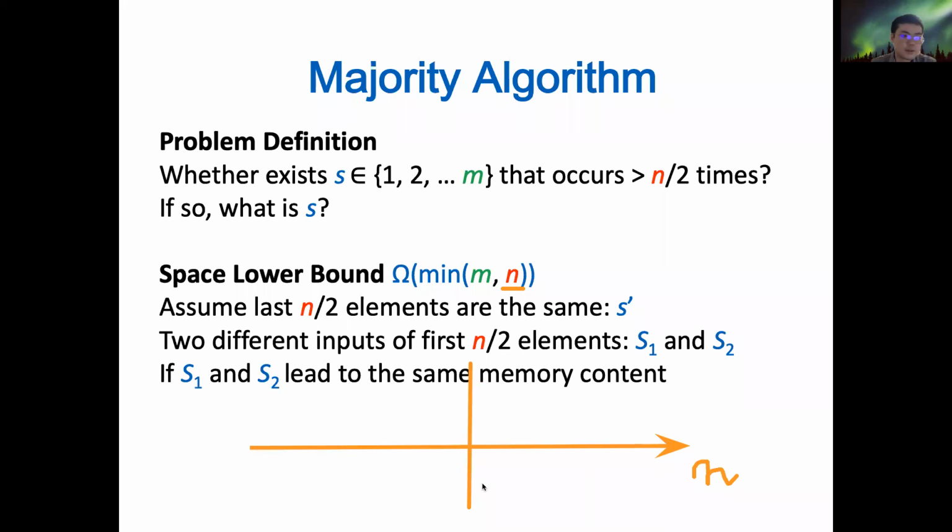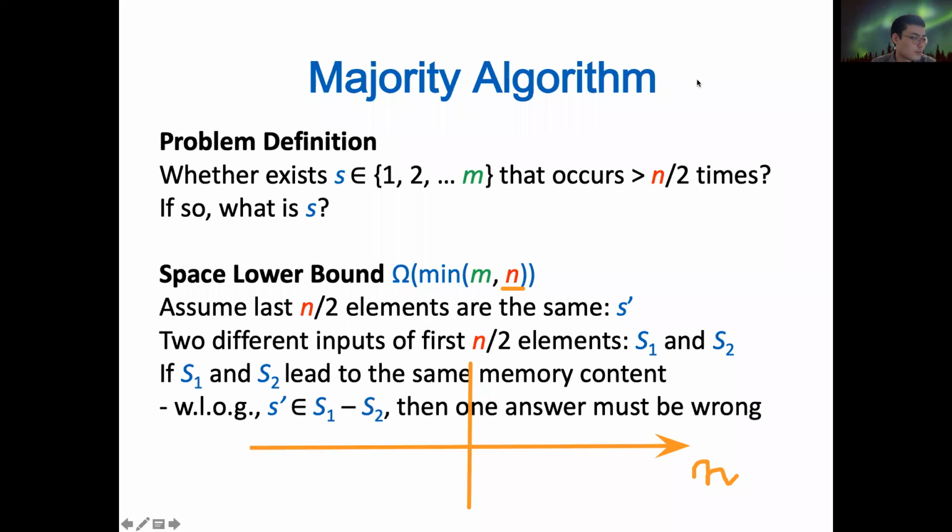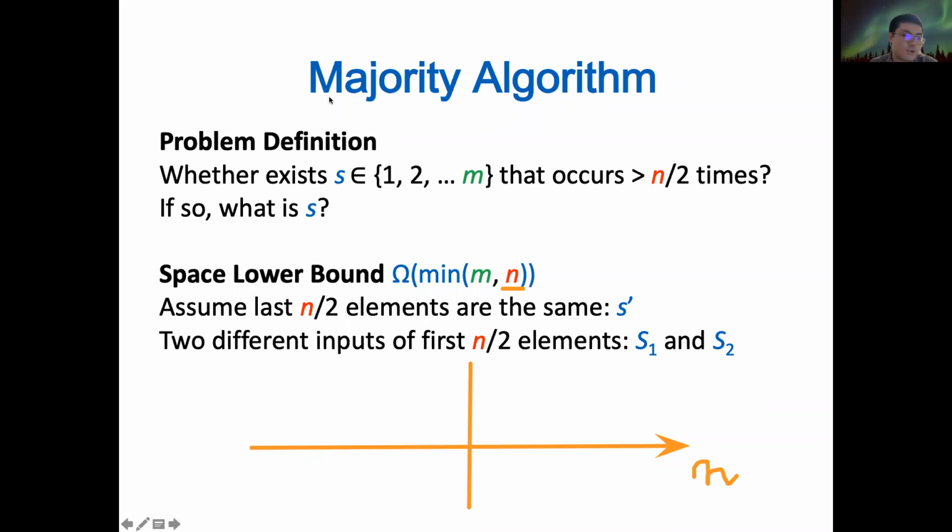So each has n by 2 items. So we are saying the second half are all S prime, which means here this is all S prime, S prime, S prime. All of them are S prime. Okay. So this is what we have.